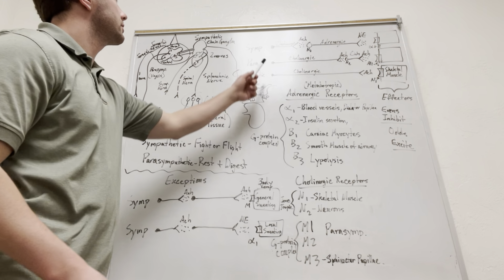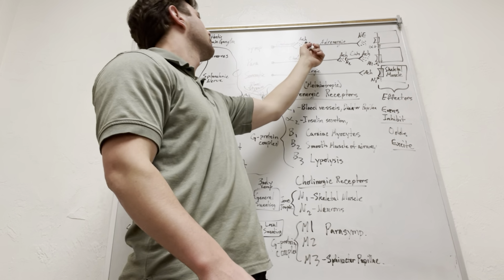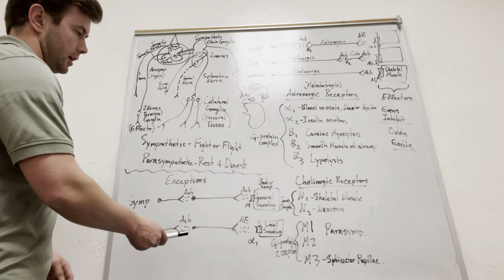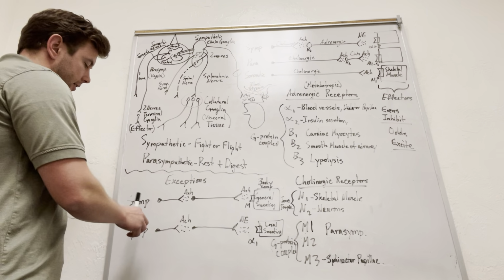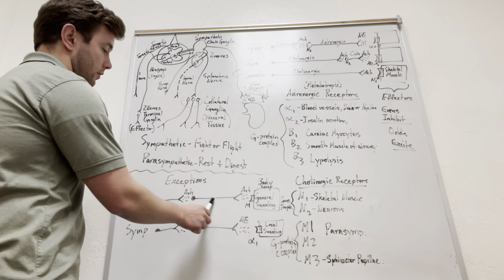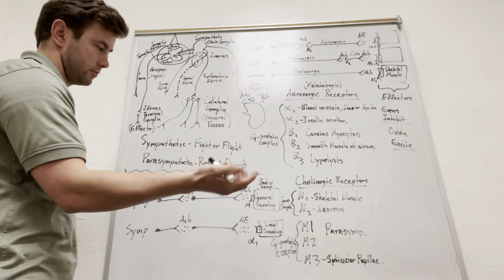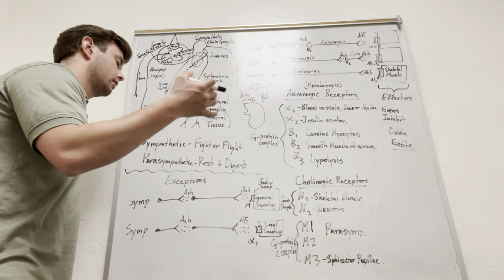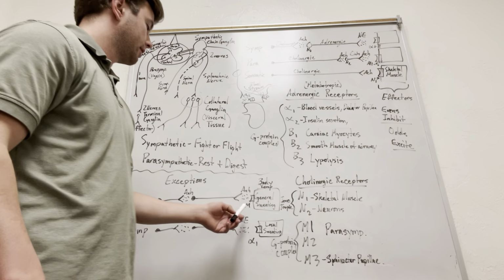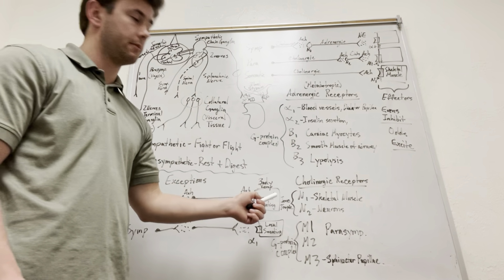Some exceptions to this rule of sympathetic with cholinergic and adrenergic neurons is in the cases of sweating. And with sweating, you're going to have two cholinergic neurons, each producing acetylcholine as the neurotransmitter, and you're going to be sending that to a muscarinic receptor.